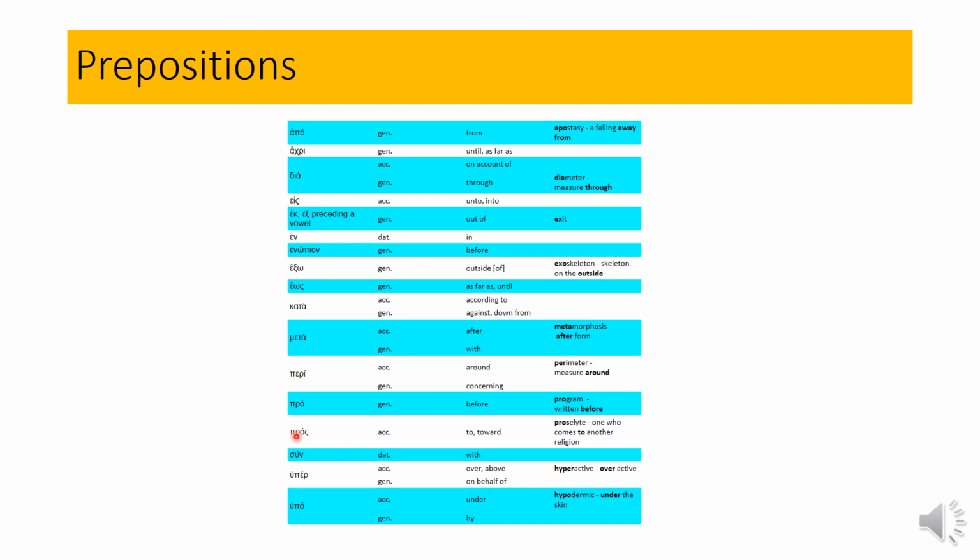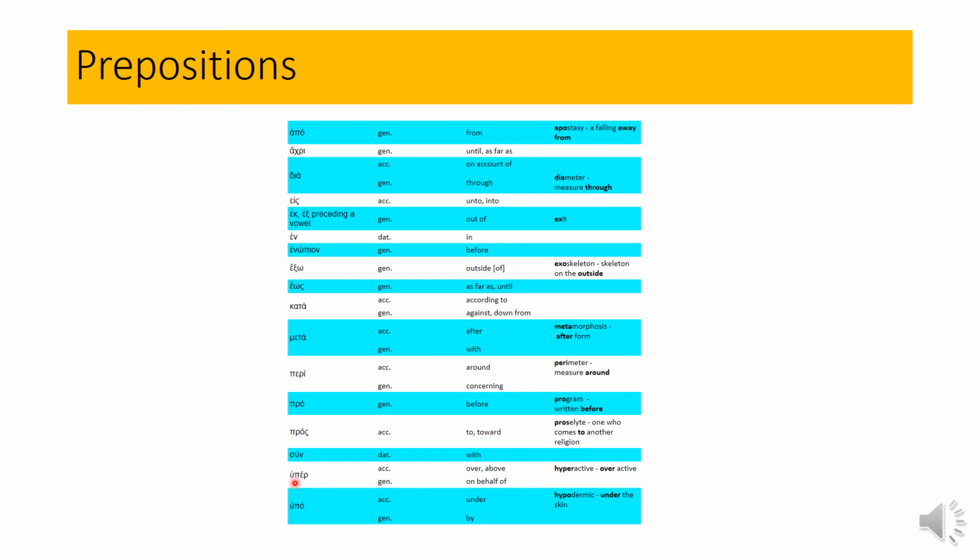The preposition pros is only used in Greek with the accusative case. If pros is used with an object noun in the accusative case, it's to or toward. The preposition sun can only be used with the dative case. Therefore, if sun is used with a noun in the dative case, it will be translated with.